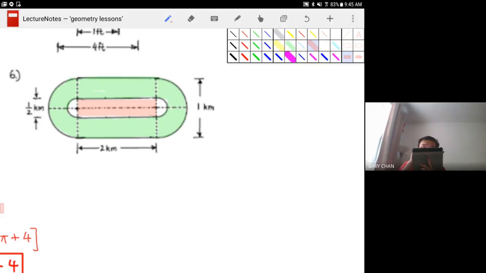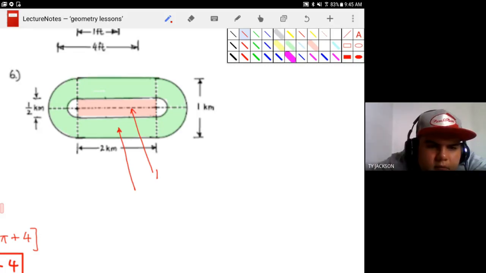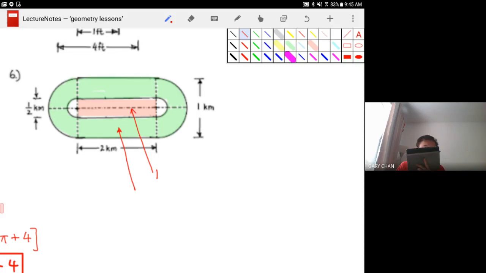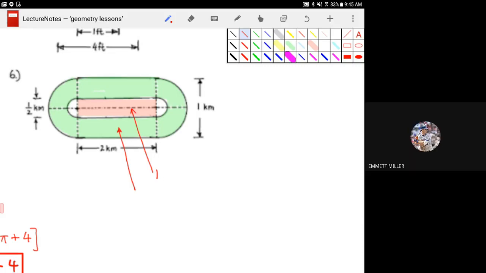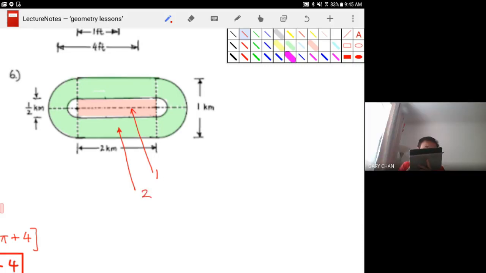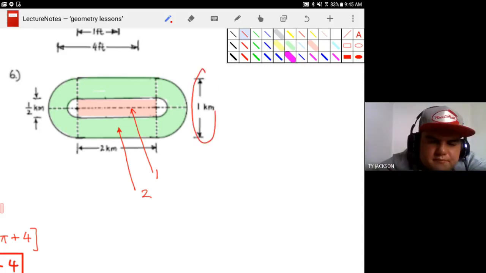So you're right, absolutely. The area here is 1. What's the area of the larger rectangle? It would be 2, right? Because the width is 2 and the height is 1, right? Oh yeah.